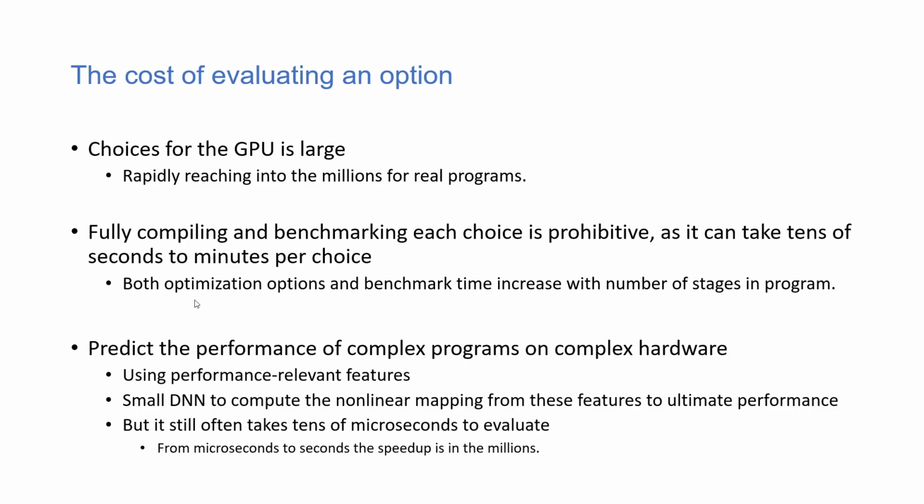Basically, what both Adams 2019 and this autoscheduler are doing is using a cost model that extracts features out of the algorithm and schedules and feeds them into a deep neural network to predict the performance for that particular choice. Evaluating that in a neural network can take microseconds, so going from minutes or seconds to microseconds could be speedups in the millions. So that basically makes the state space exploration feasible.